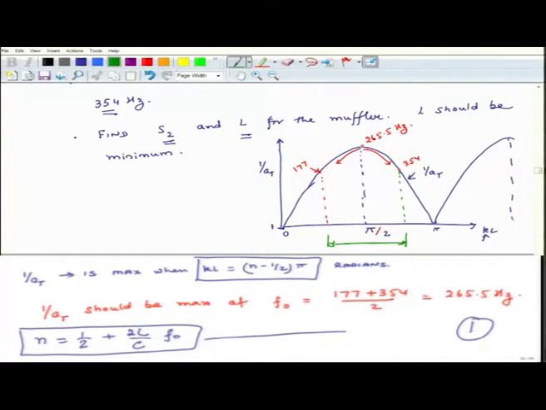The distance from here to 0 hertz is pi by 2 radians. So, the distance between 265 hertz and 177 hertz will correspond to pi by 8, and this is also going to correspond to pi by 8.